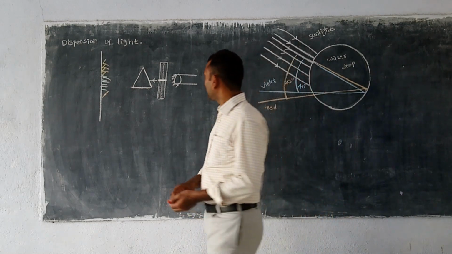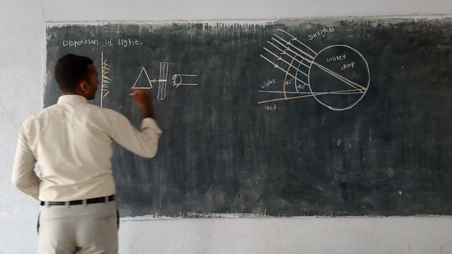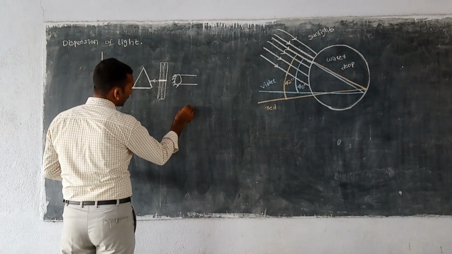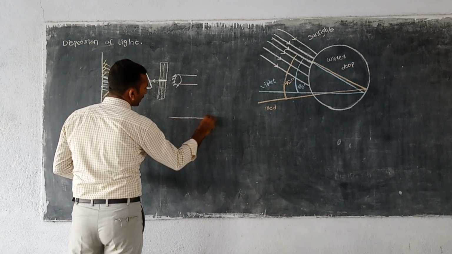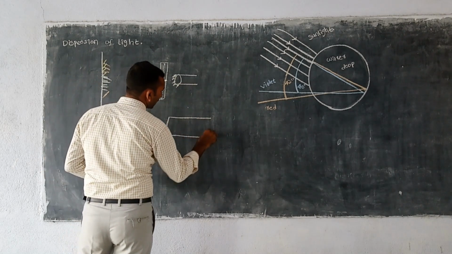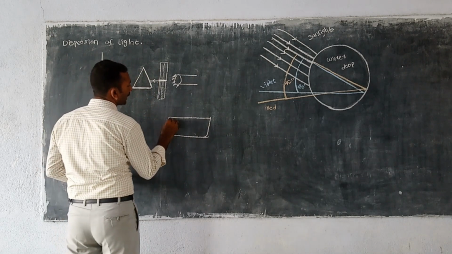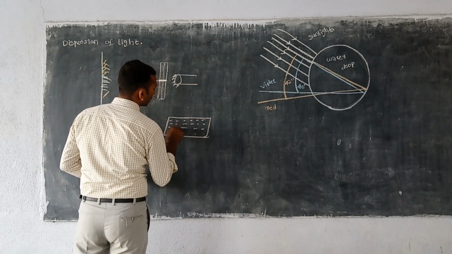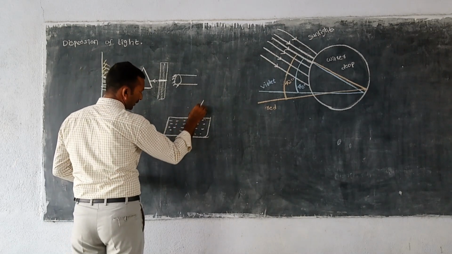In the first case we kept a wooden plank, and in the second case we take a metal bowl. In activity 4, we take a metal bowl and fill it with some water, and take a mirror.